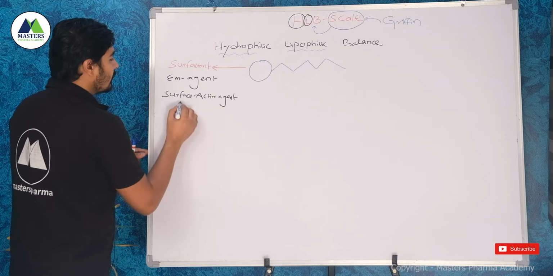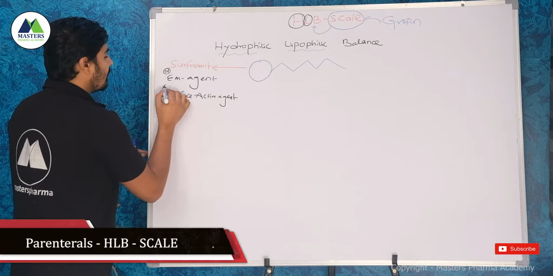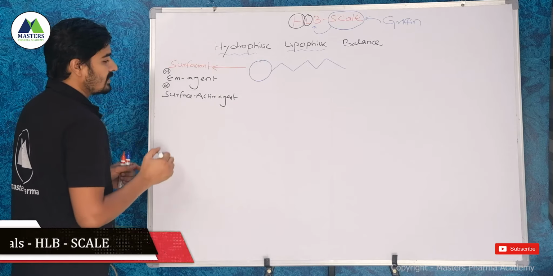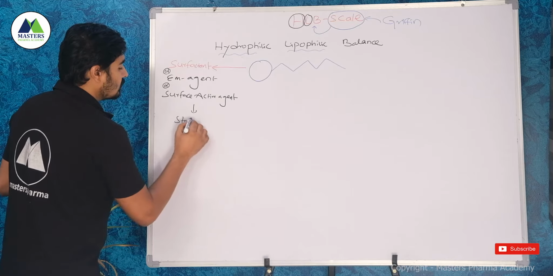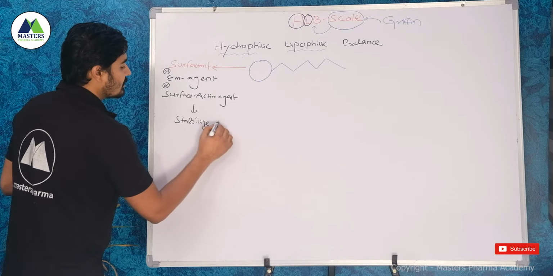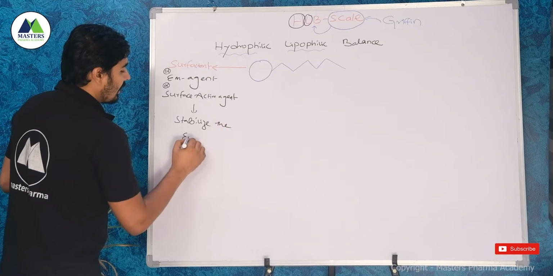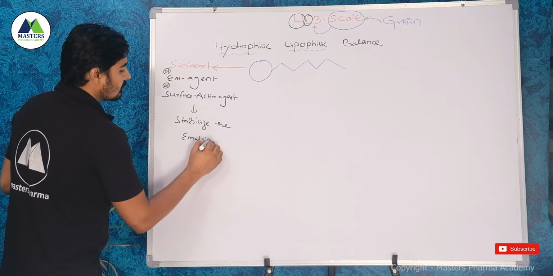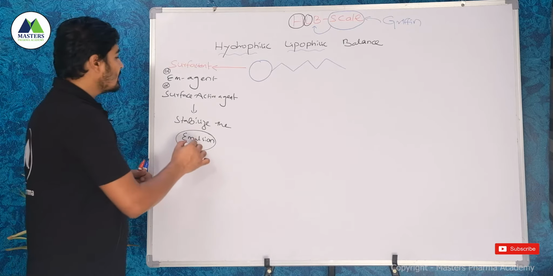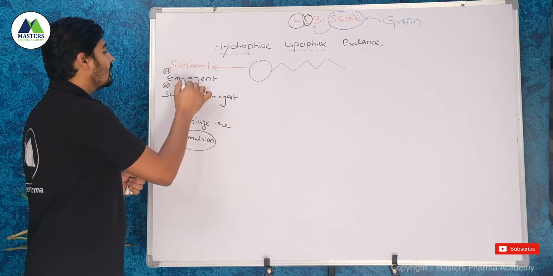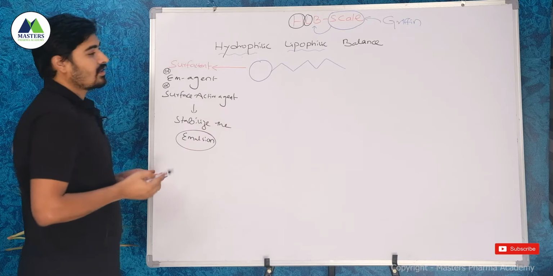Generally we use this surfactant, emulsifying agent or surface active agent to stabilize the emulsion. Emulsions are thermodynamically unstable. They can be stabilized by addition of a surfactant.